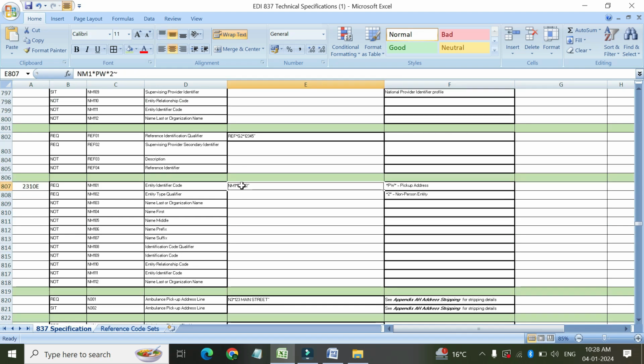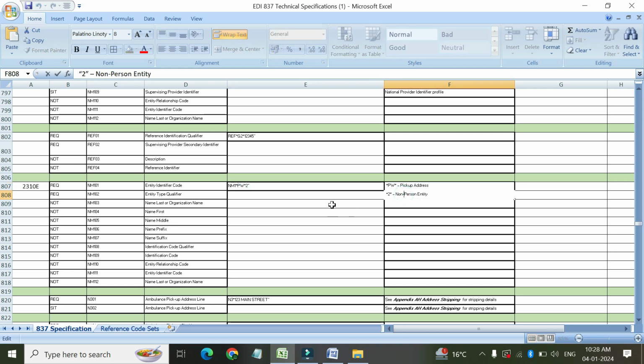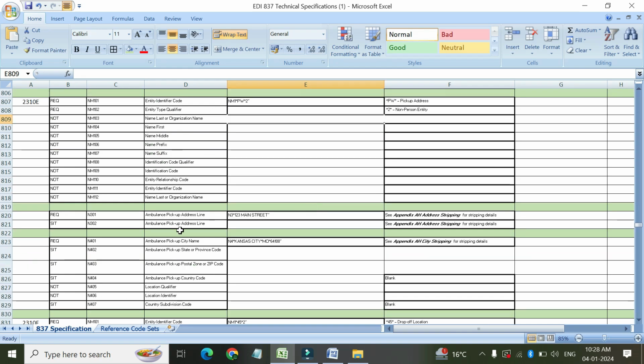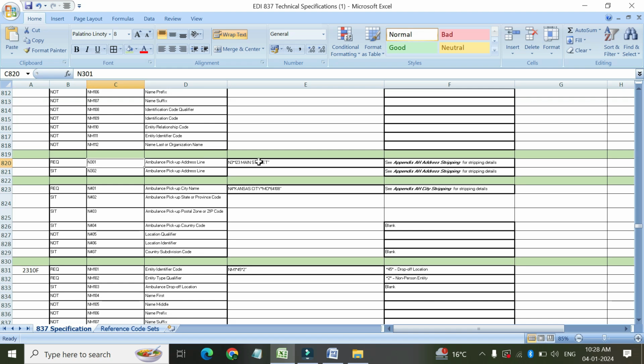So let's look at the important elements. There are only two that go out on loop 2310E in the NM1 segment. One is PW, which means pickup address. It's a qualifier or code for pickup address. And two is non-person, obviously ambulance, so it will be non-person. And then N3 segment outputs the address line information, and N4 segment city, state and zip code.